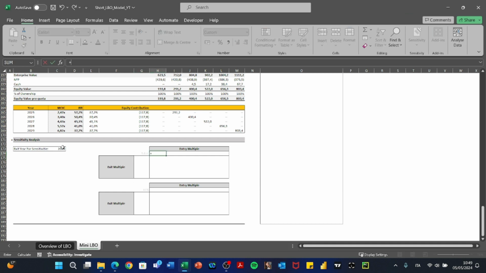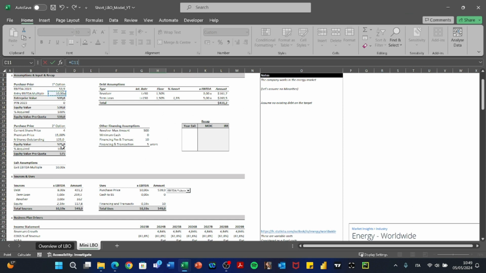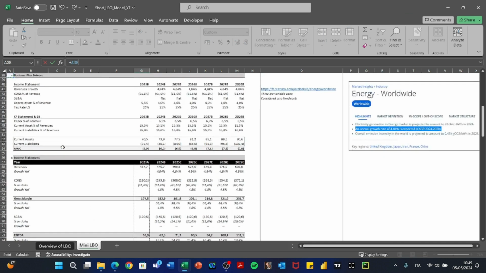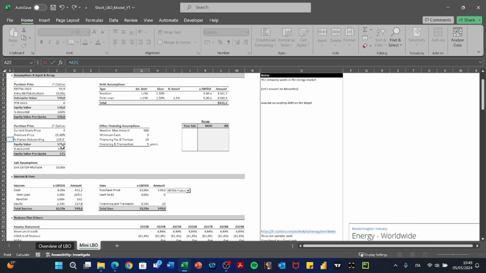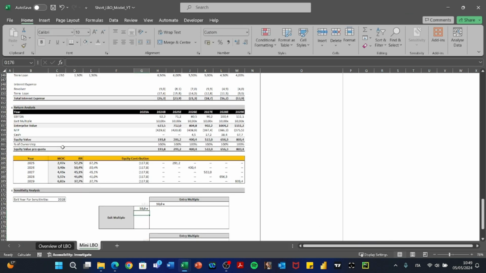And symmetry. Let's go to insert our entry multiple and our exit multiple. Okay. Let's hypothesize that it's going to increase.